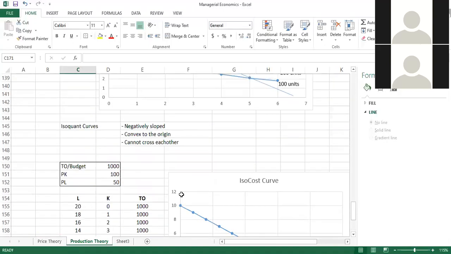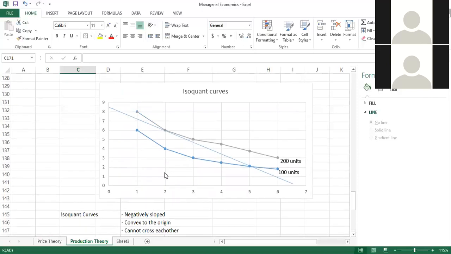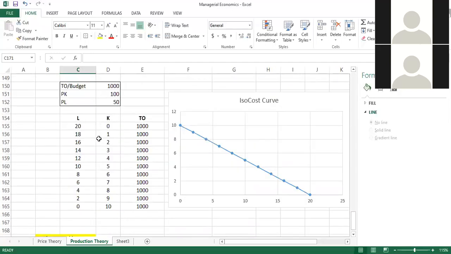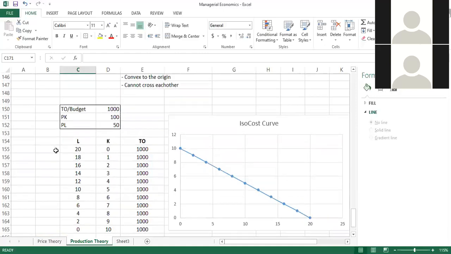Now, we know this producer equilibrium depends on the isoquant curve and the isocost curve, mainly the isocost curve. From this simple analysis, we saw the isocost curve depends on two main factors. What are the two main factors?